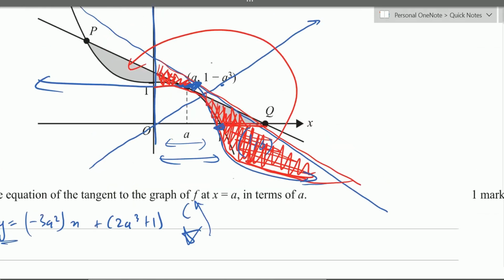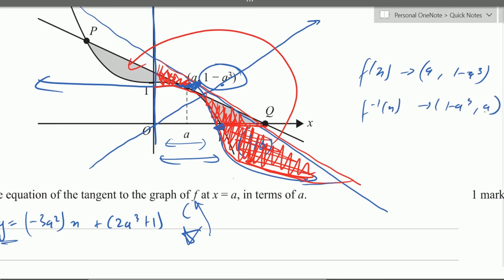But B is actually this value, because if the graph of fx is a minimum at a something, 1 minus a to the 3 something, then the graph of f inverse has a minimum at the swapped version of the coordinates. Because if you think about it, the area you're finding is the same, but on a different axis.